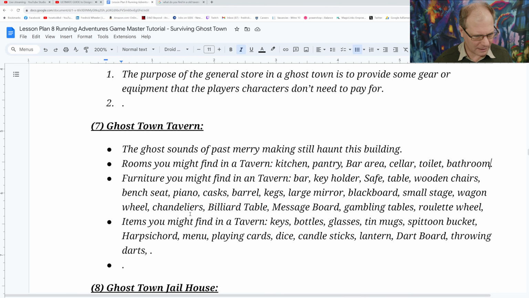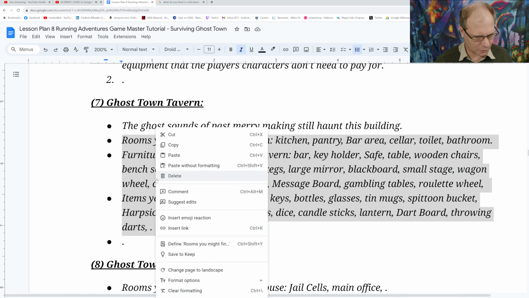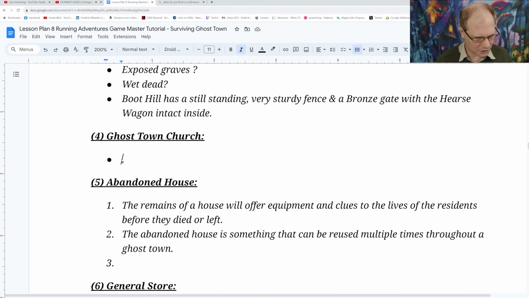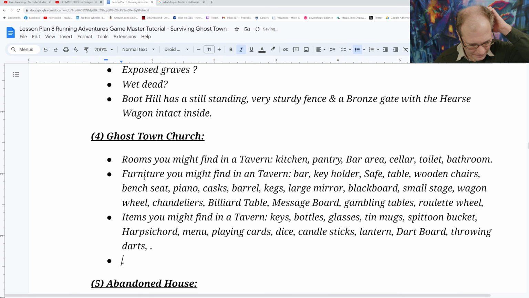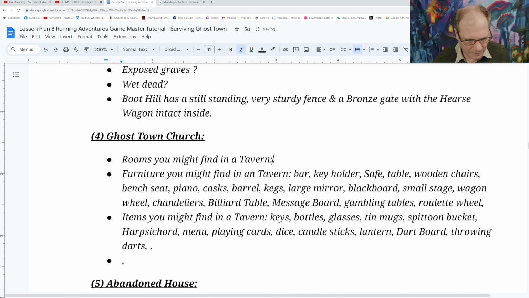So we will do our shortcut again. That's worked for me pretty well, just saves a bit of time. And we're doing our church next. Okay. Church, we're going to get rid of this, and we're going to get rid of this. It's going to look a little different.